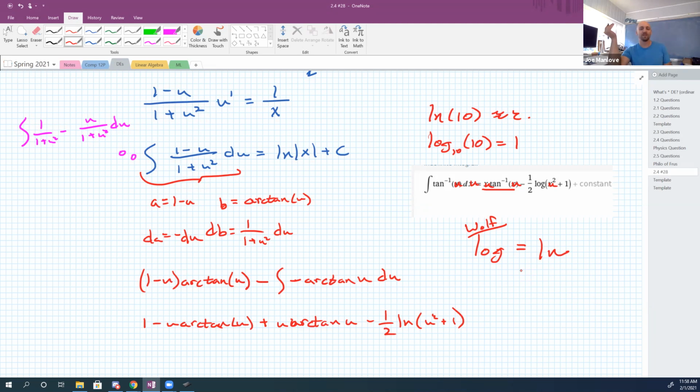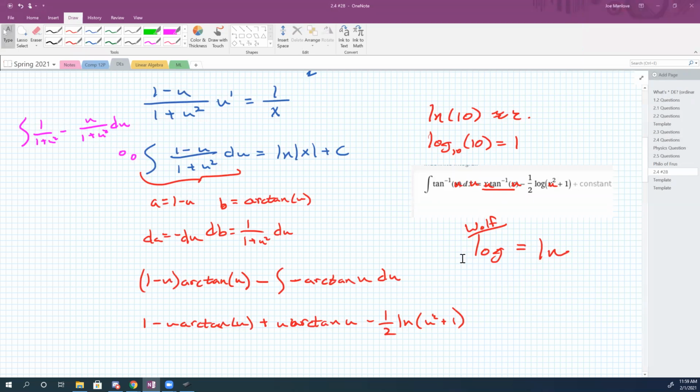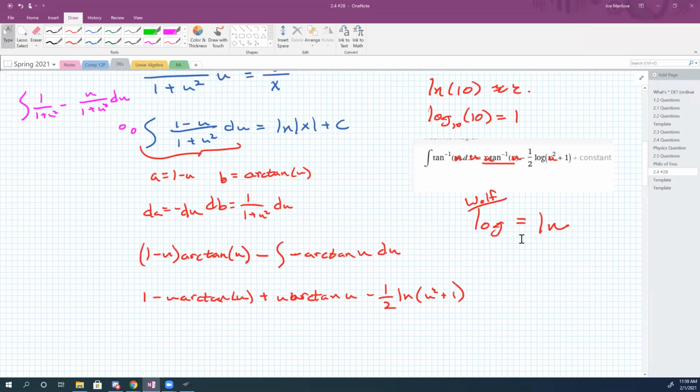If you want to know, just when you start, calculate log of 10. If it's 1, then you're operating with a base 10 logarithm. And if it's 2 point something, then they mean the natural log and you just rock it. That doesn't make sense. I mean, ln is even easier to write than log. I know. I'm not a fan.